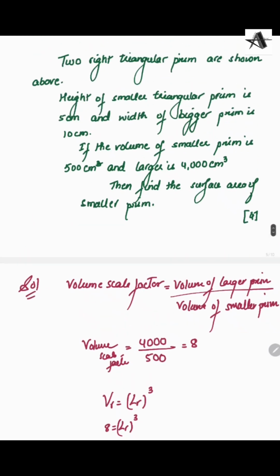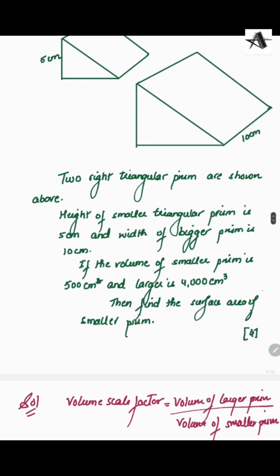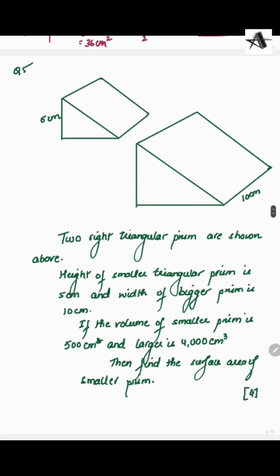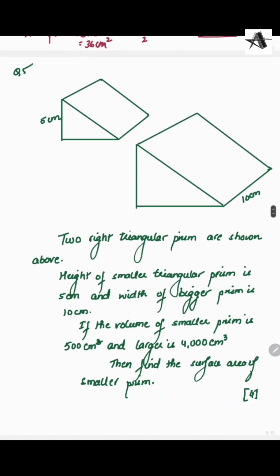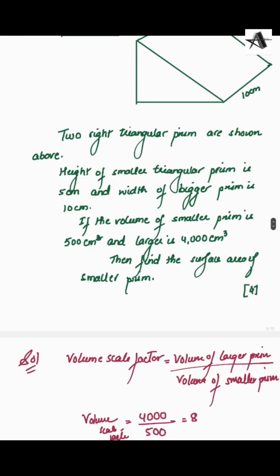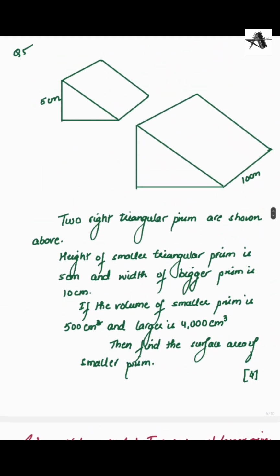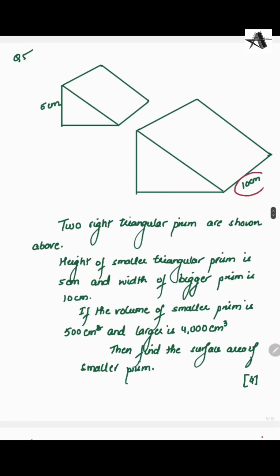Now coming back to this question, what they're asking is to find the surface area of the smaller prism. To calculate the surface area of the smaller prism, at least we should know all the sides of it. Length, width, height should be known. Since we know that the length scale factor is 2, I can say that this is twice of it.